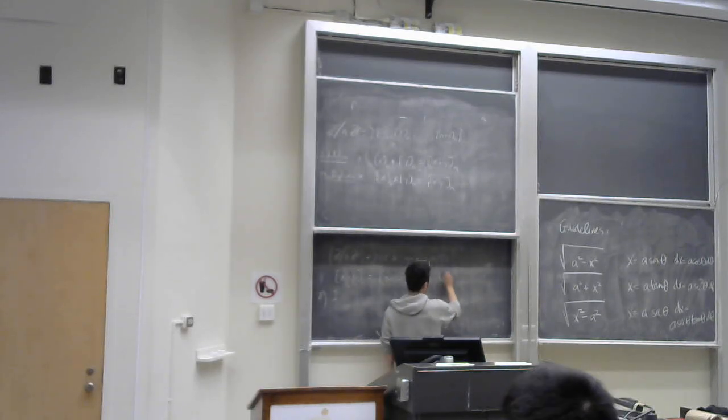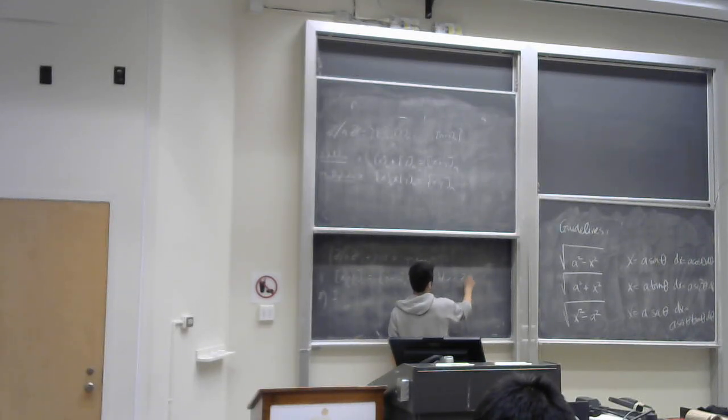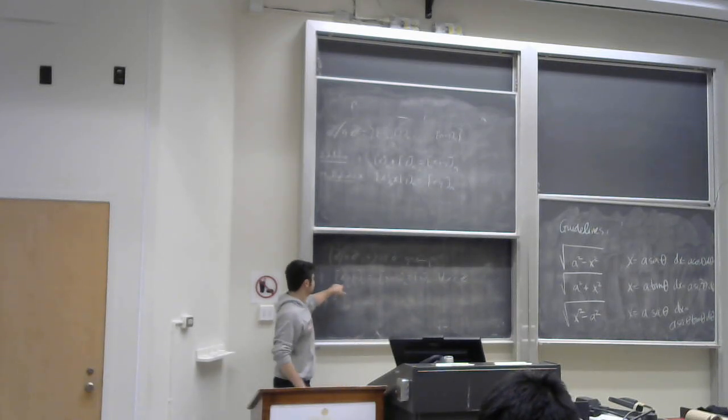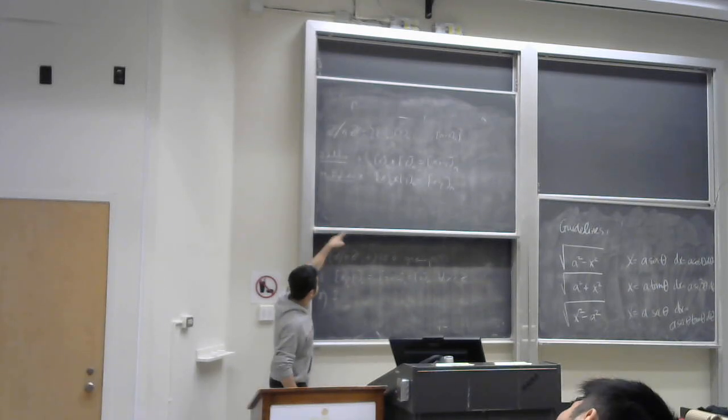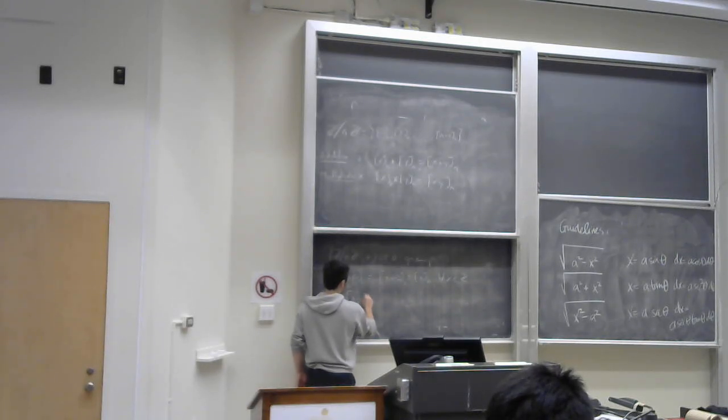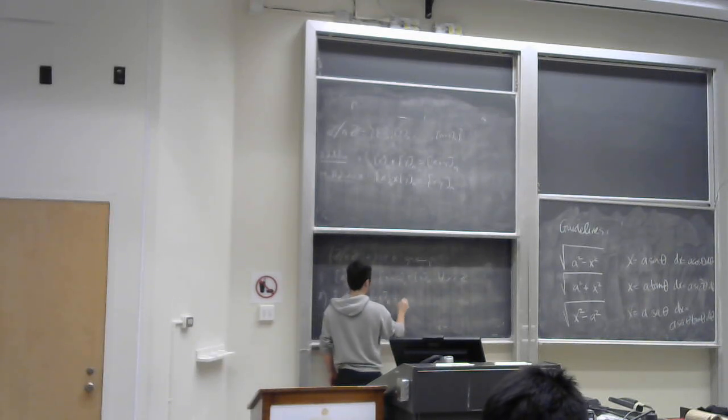That's for all x in Z, right? For all x in Z means that as x ranges in Z, this equivalence class will range over the whole set Z mod nZ. Now, what is the class of x plus the class of minus x modulo n?